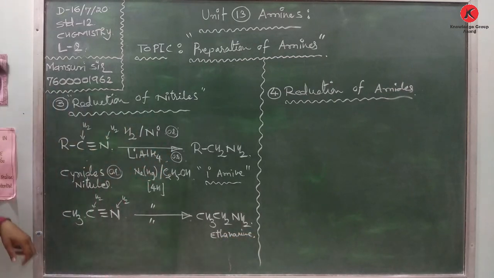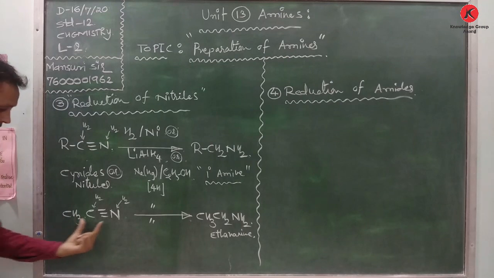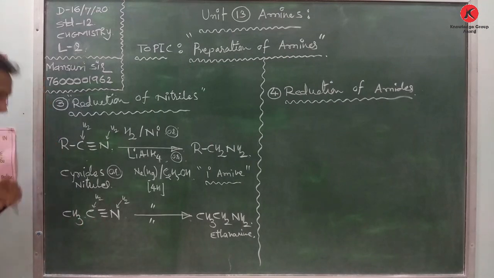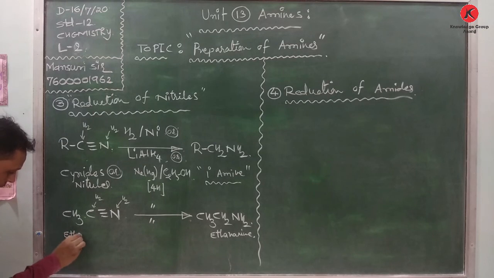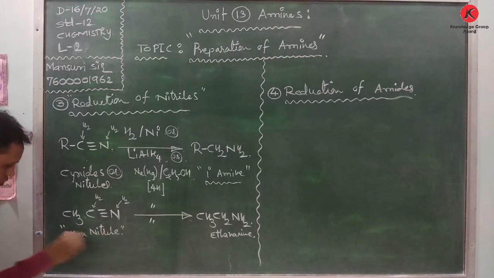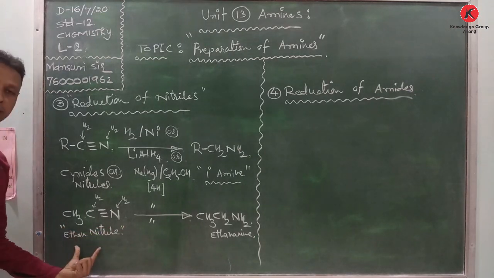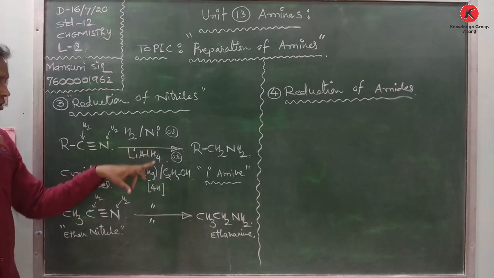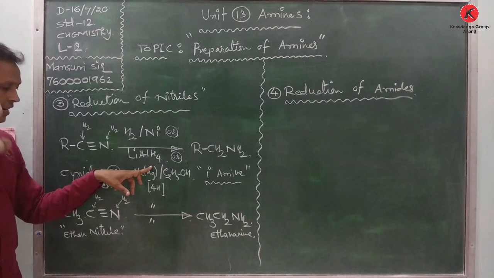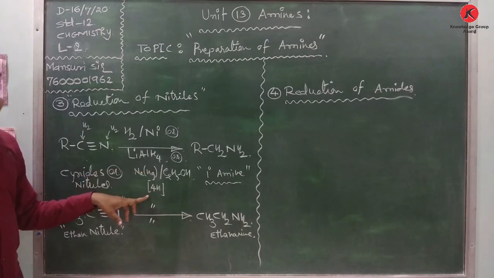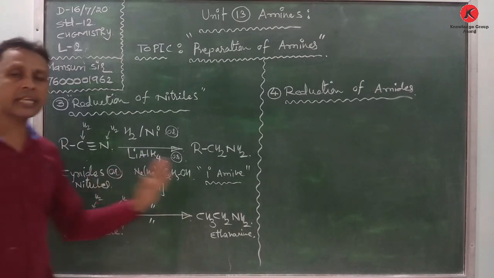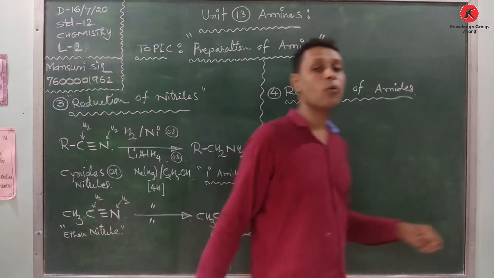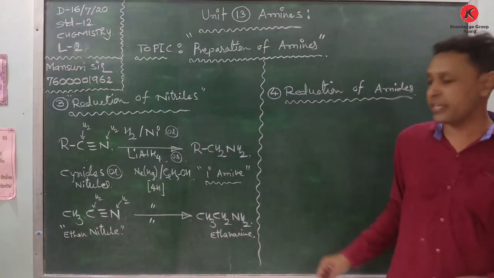The reactant is ethane nitrile. So when ethane nitrile reacts with Ni/H2 or lithium aluminum hydride or Na-ethanol, then reduction takes place. That is why a primary amine like ethanamine is formed.